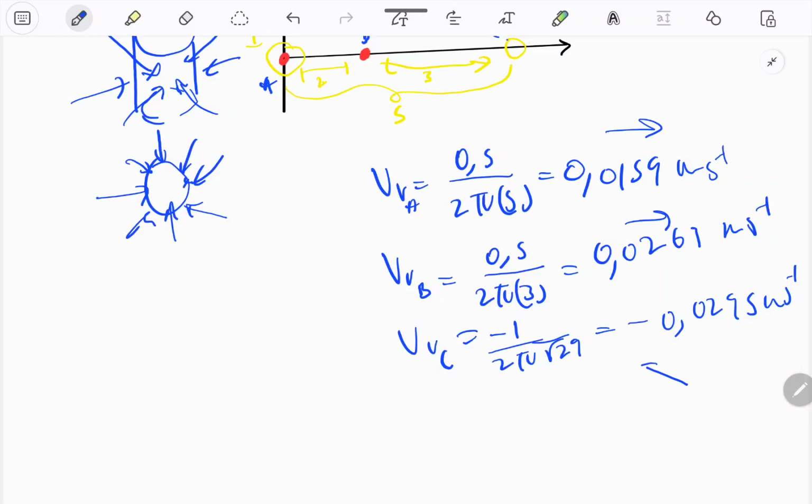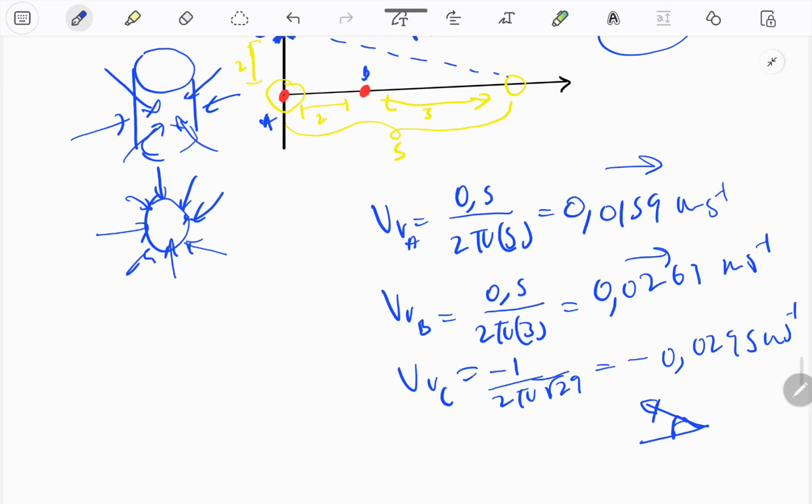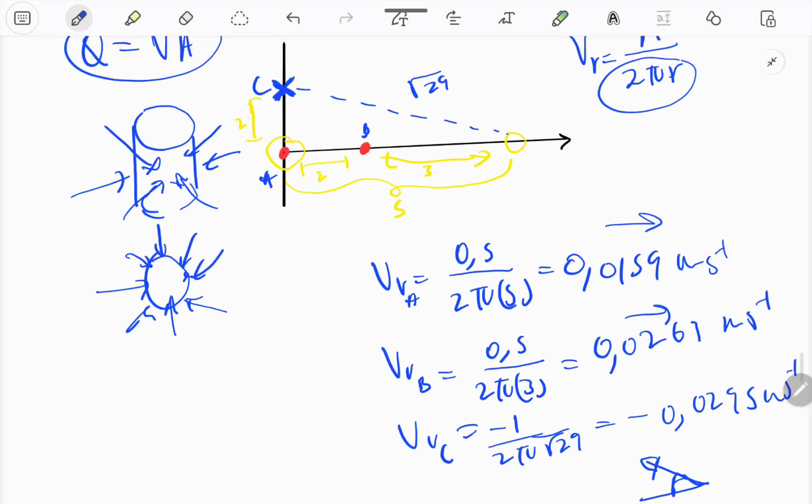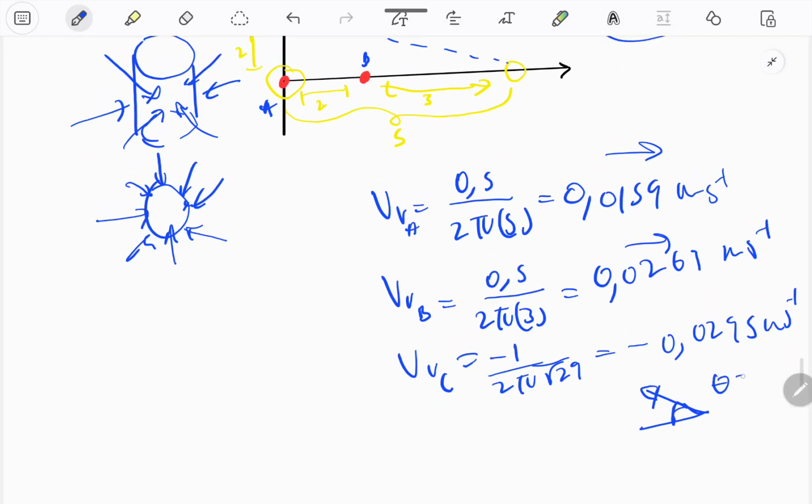Let me put this, it's going to go like this, and you'll be interested in this angle. Okay. And then that angle you can find by saying arctan of opposite 2 divided by 5. And then that theta is going to equal 21.80 degrees. That is going to be my angle here.